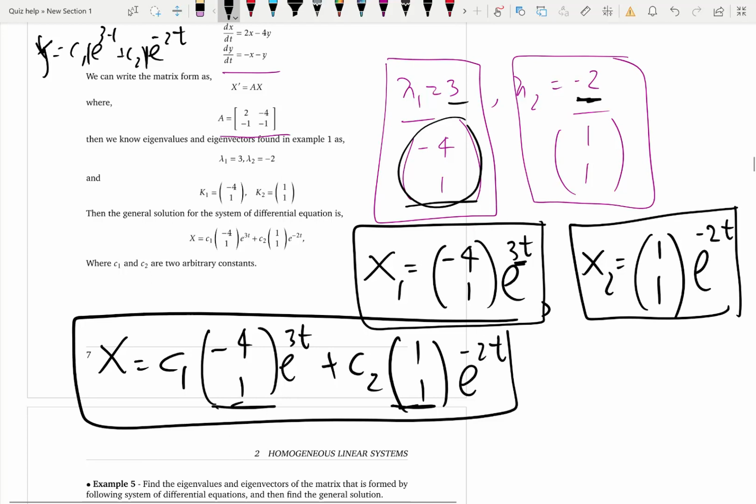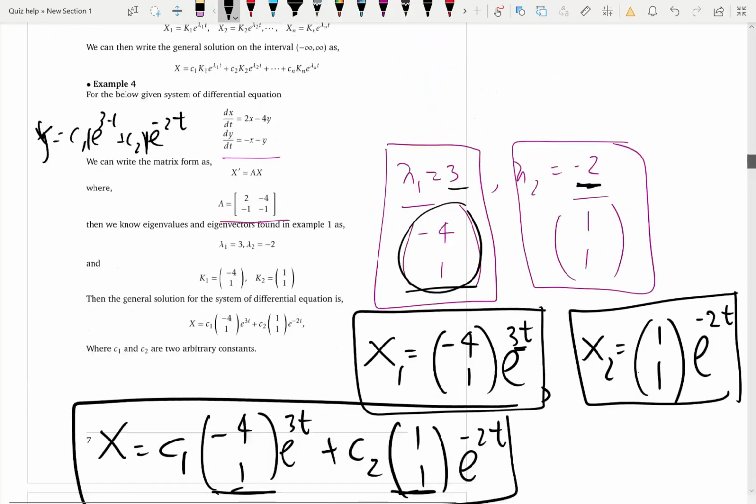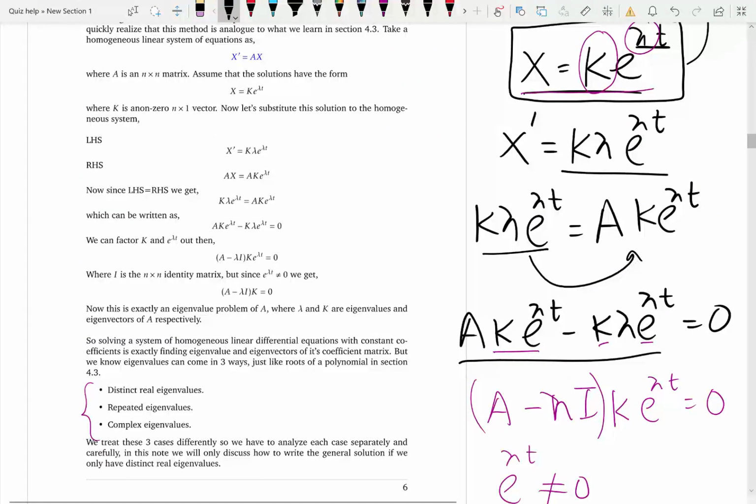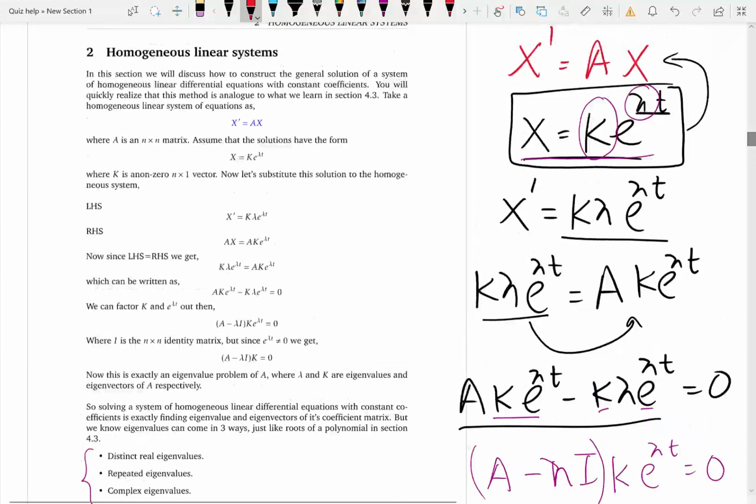Depending on what type of eigenvalues you get, you write the solution in the appropriate way. Okay. All right. So let me finish the video on the question that I asked in the beginning. Why do we assume our solution to be eigenvector times e to the eigenvalue times t? Now, why did we choose e to the mx in section 4.3?